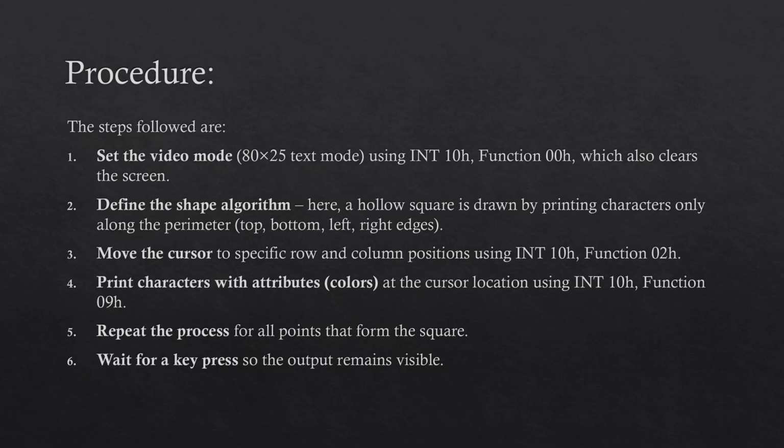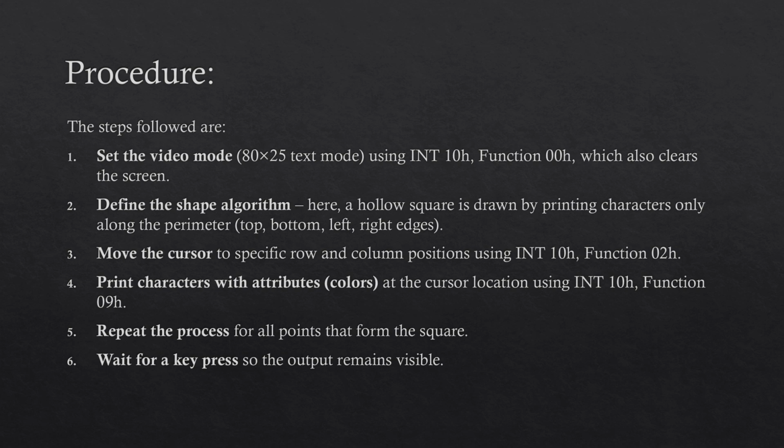The procedure is as follows. First set the video mode, that is text mode, using interrupt 10H and function 00H, which also clears the screen. Define the shape algorithm. Here we are going to draw a hollow square, so we will write the algorithm for drawing the top, bottom, left and right edges of the square.